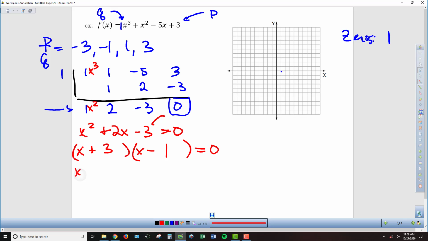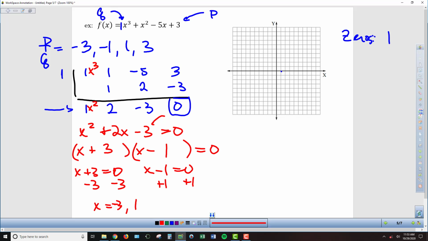If I take each of these and set them equal to 0, and then I subtract 3 from both sides, add 1 to both sides, I get my remaining two zeros. I can see that I'm getting -3 as well as +1.